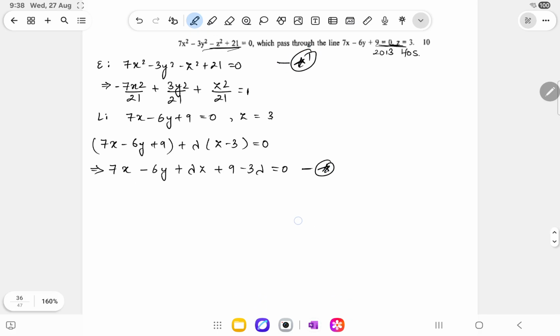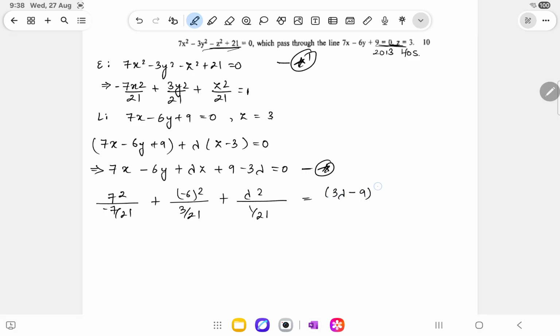So now, using the tangency condition, I'll get 7 square upon minus 7 by 21 plus minus 6 square upon 3 by 21 plus lambda square upon 1 by 21 equals (3 lambda minus 9) square.